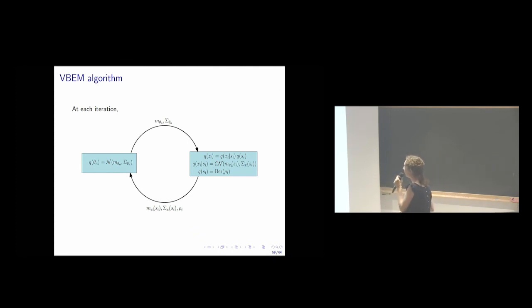So the VBM algorithm we have is something like that. You have a posterior distribution over the contribution of the sources, which is totally similar to the one we get on the prior. And this is the same also for the phase. You update all parameters of your distribution iteratively.